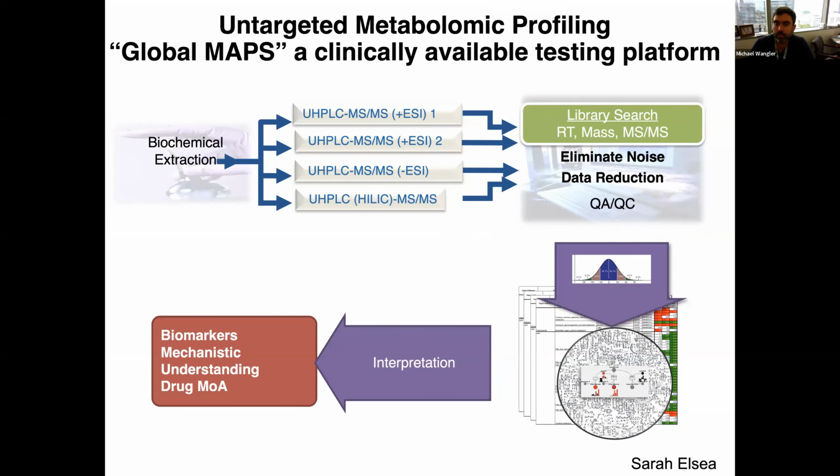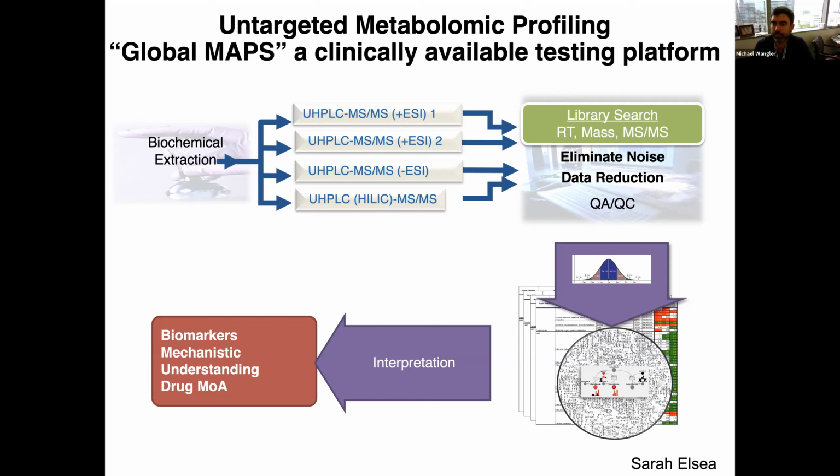The platform that we're using has a lot of similarity to what Fred described, but involves a collaborative effort with a researcher here at Baylor named Sarah Elsey. From a sample, we extract, and then 4 different mass spec platforms are applied.